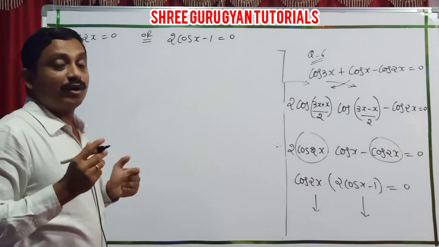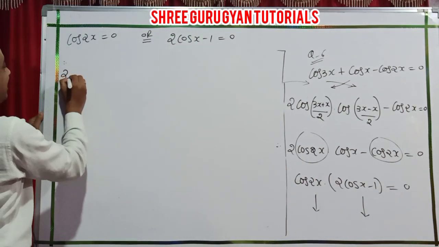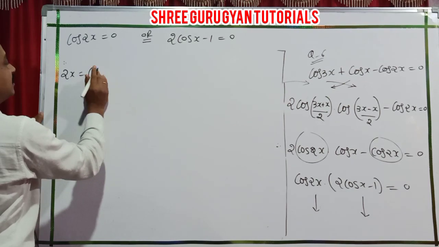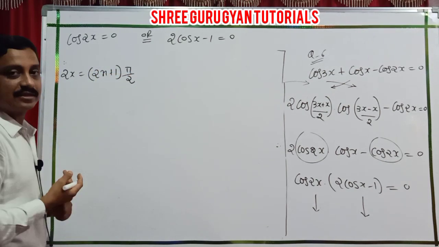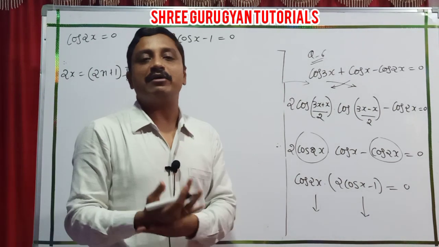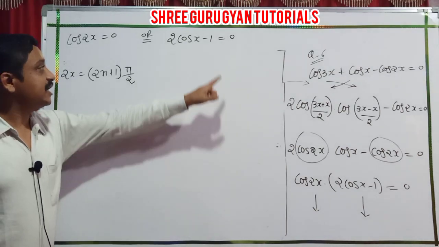Now what is the value of cos being 0? Yes, at the angle of every 2n plus 1 pi by 2.